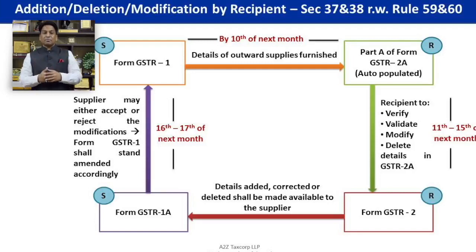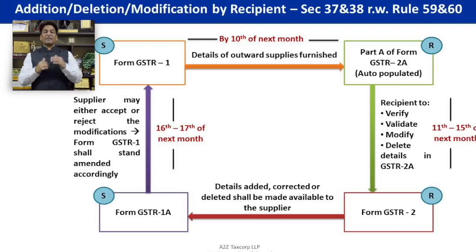But the question comes, there is a negative list of goods or services in the GST regime under Section 17(5) of the CGST Act 2017. Even though you can see such transactions in your 2A while finalizing GSTR-2, you can't take credit because these are called the negative list of inputs or input services.